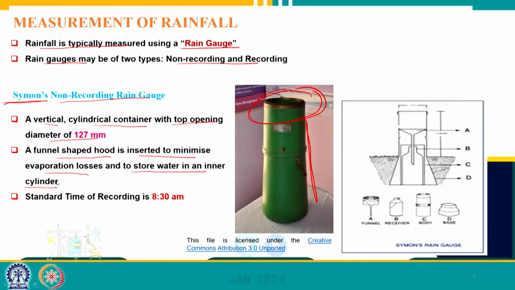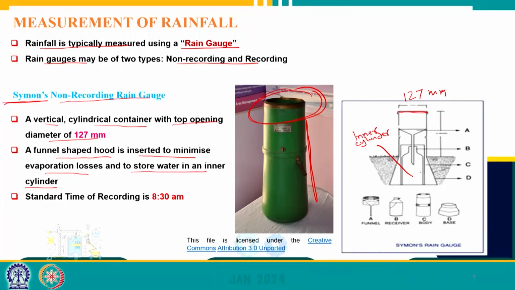As you can see in this figure, this is the outer cylinder having diameter 127 millimeters, and then there is a funnel inside this and there is an inner cylinder. This is the inner cylinder we are talking about. In this, water gets collected. The function of the funnel is, as already known, to minimize evaporation losses.